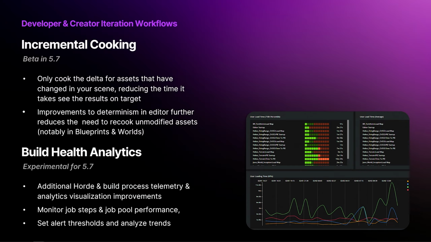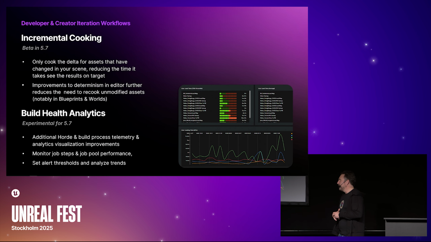Another thing in that realm is incremental cooking. The legacy from UE4 was that there's no clear dependency graph between objects and files and everything in the engine. We've now solved that by using a Zen server that starts storing all that metadata for files and knows how files are connected, and which file, if you change it, will result in other files having to be recooked.